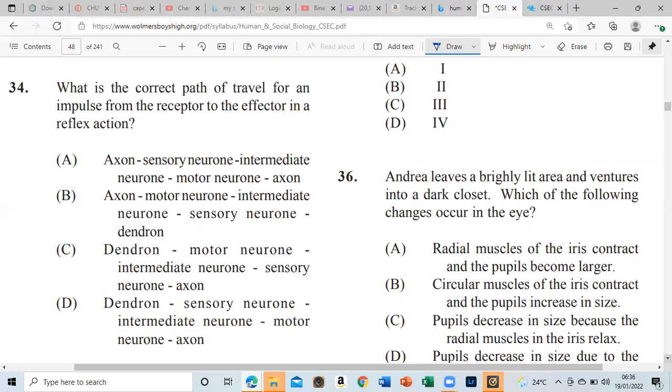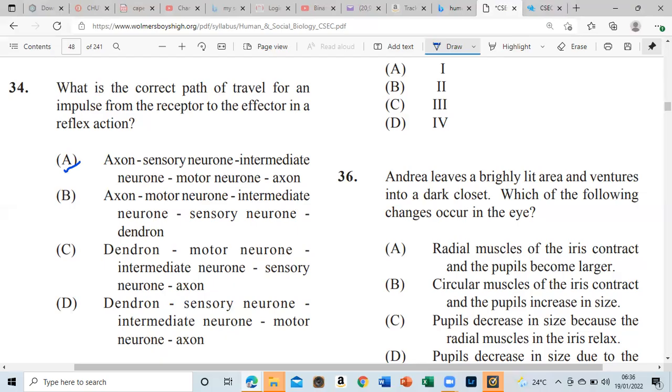Is it the axon, the sensory neuron, the intermediate neuron, the motor neuron, and then the axon? I'm going with A already. I'm not going to read the other options because this is indeed correct already, so I will not go any further. So 34 is A.